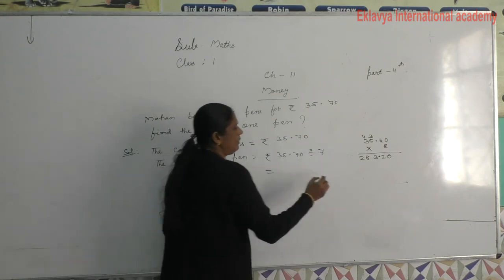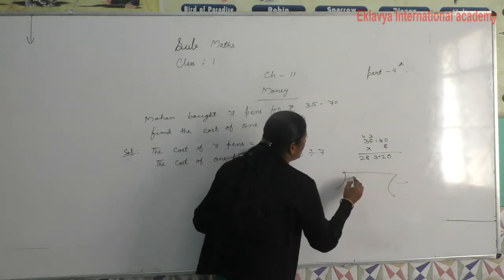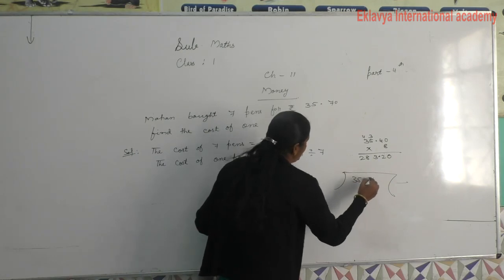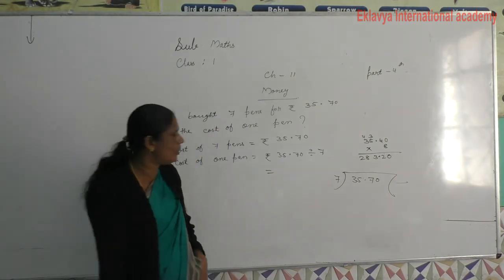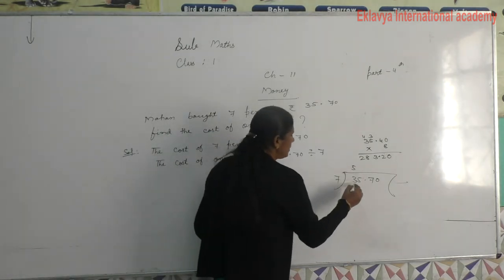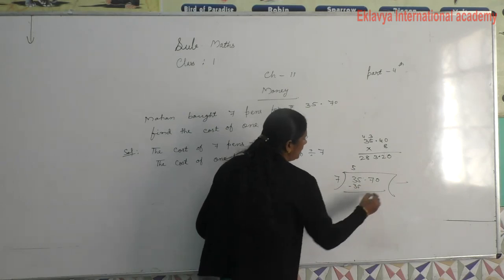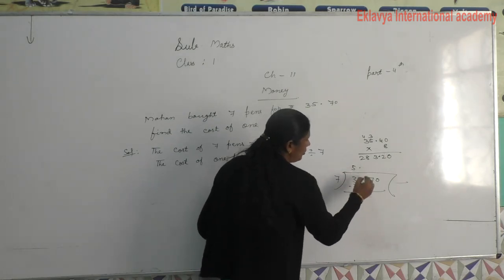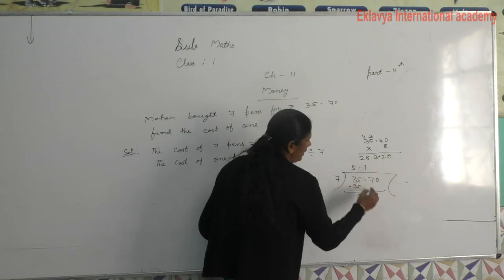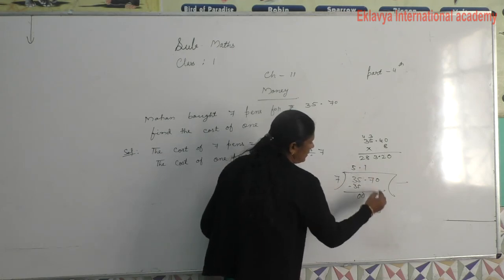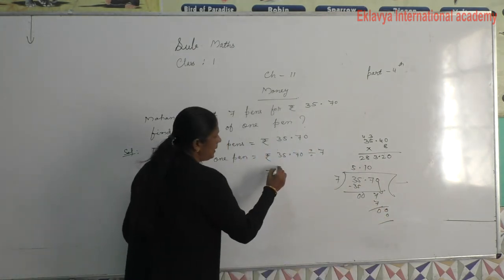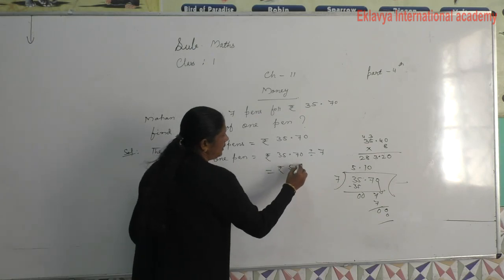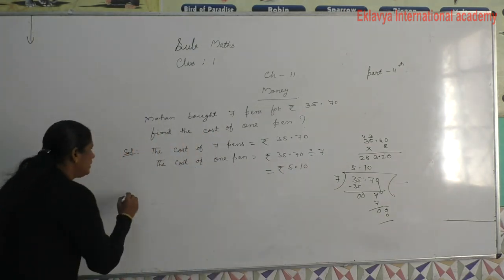First you divide this number 35.70 by 7. The table of 7, how many times does it go in 35? 5 times, 35, then 0, then you put the point here, then 7, 1 time, then 7, then this 0 comes here, you give in the quotient, then 0. The answer is rupees 5.10.